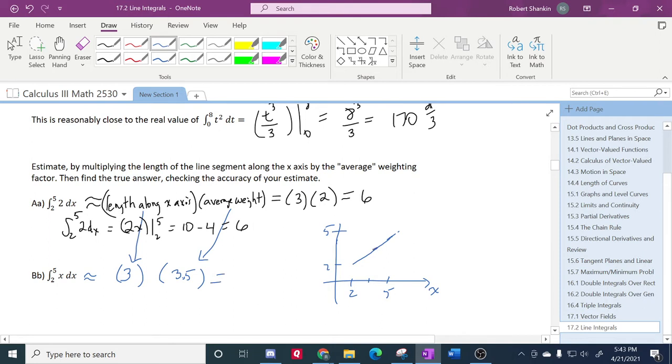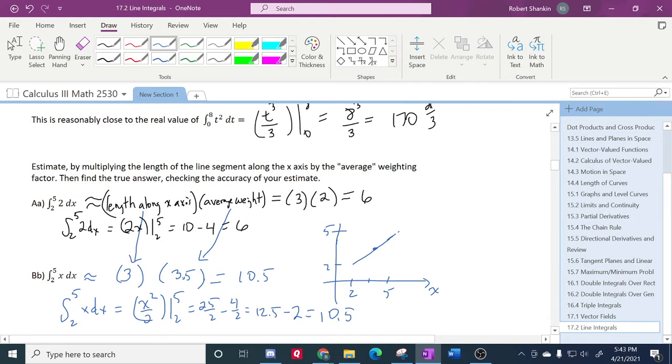And then when I multiply that together, I get 10.5. And if I did this integral, I get x squared over 2 as an antiderivative from 2 to 5, which is 25 over 2 minus 4 over 2, 12.5 minus 2, which is exactly 10.5.